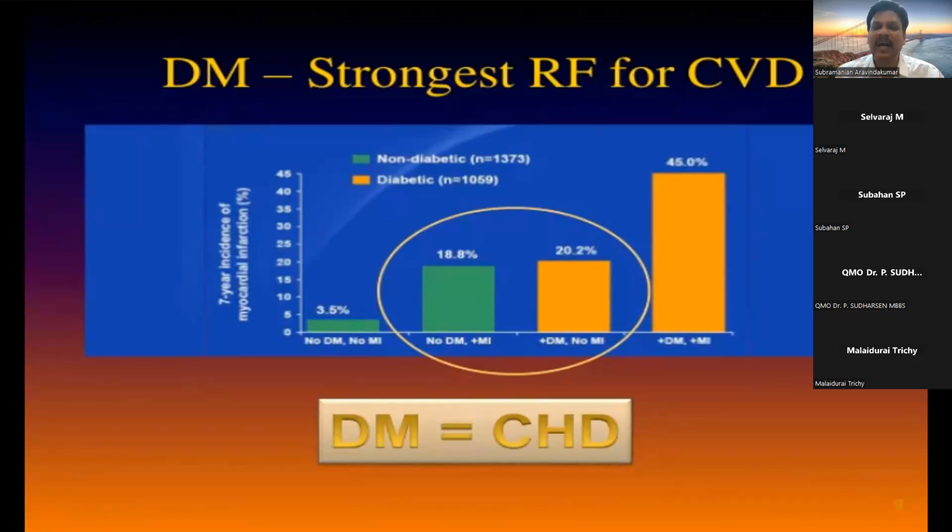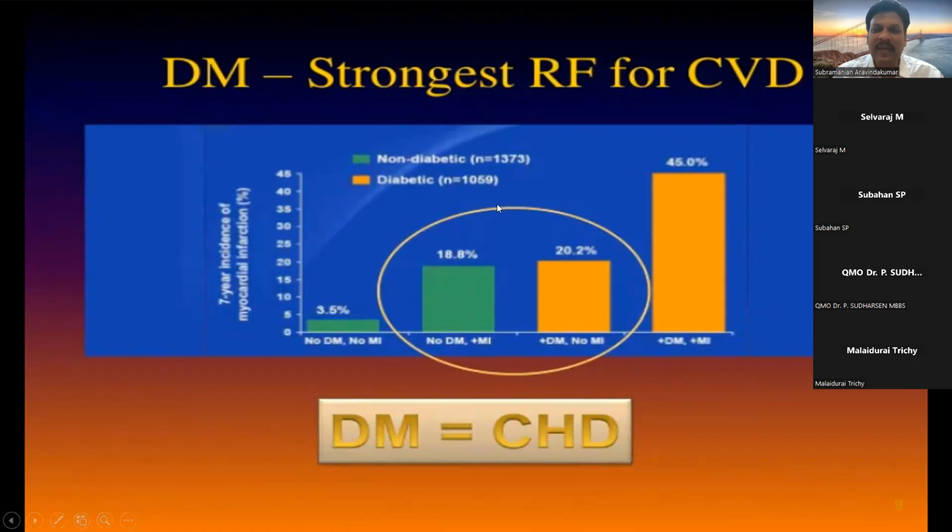A patient with diabetes but no MI has a 20% chance of an MI. Having diabetes and a prior MI means 45% of the time, a second MI can happen within 7 years.